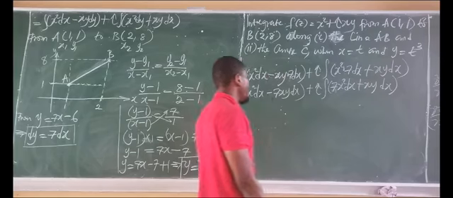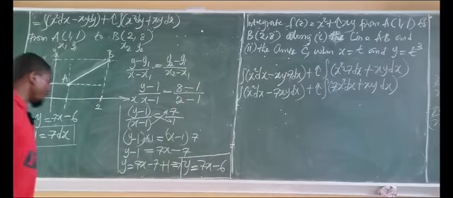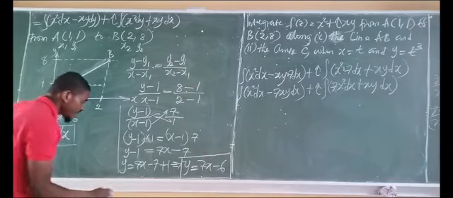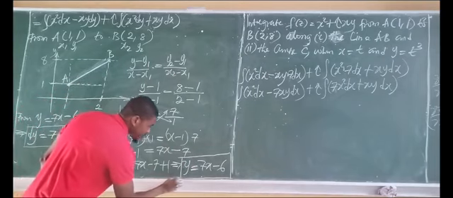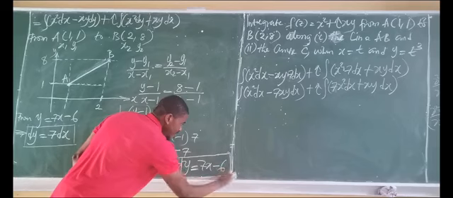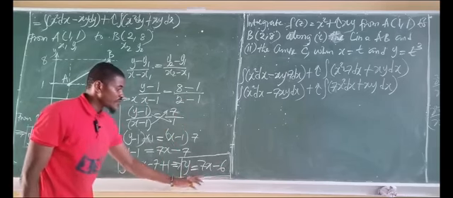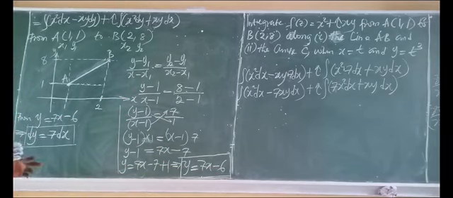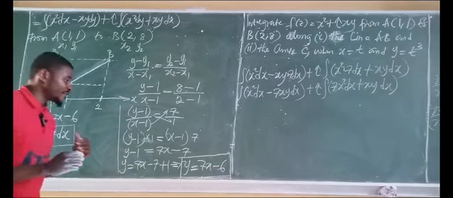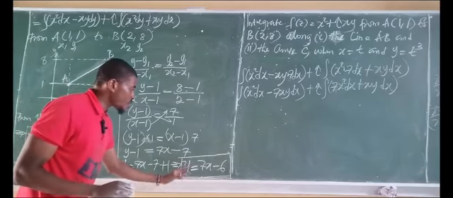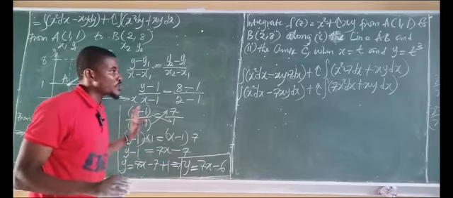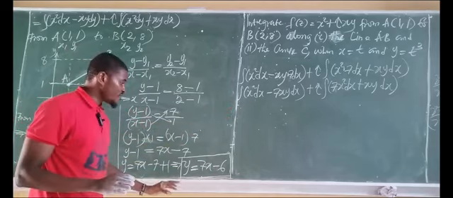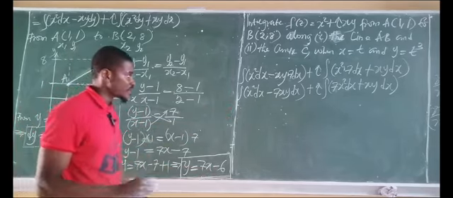But it doesn't also end there. We've also found out that y, remember it was asterisk here, y is equal to 7x minus 6. So we want all the terms to be in x so that it can be very easy for us to integrate. But y equals 7x minus 6. So wherever you see y in that equation, put in the value as 7x minus 6.